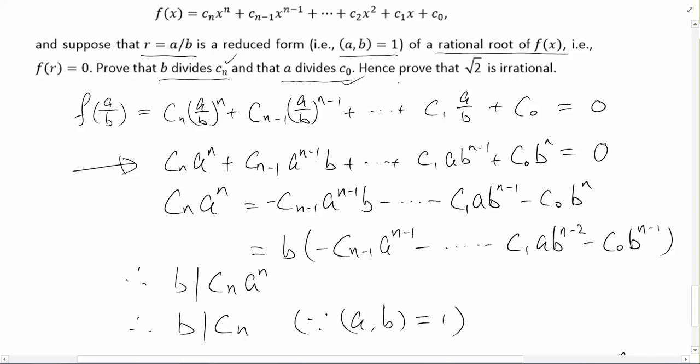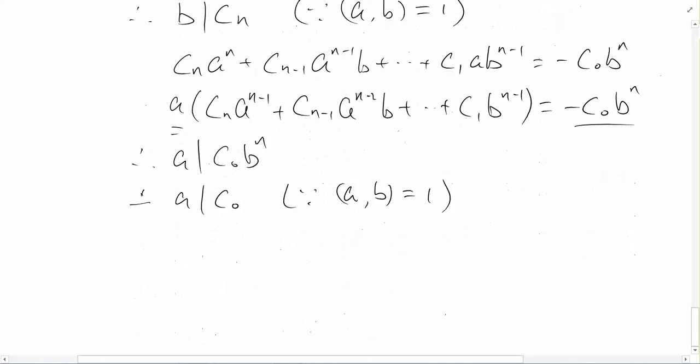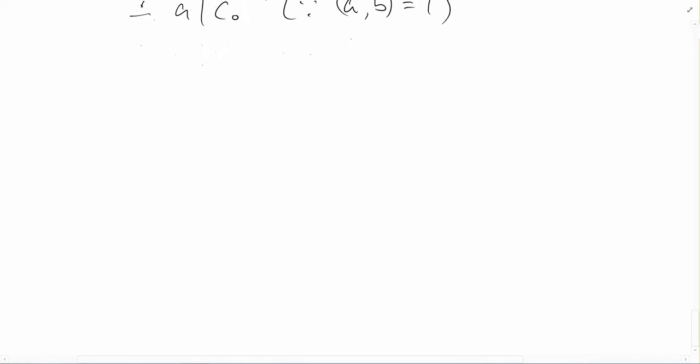And the last part you need to show is that square root of 2 is irrational. We can do this part by contradiction. Suppose square root 2 is equal to a divided by b, for example.